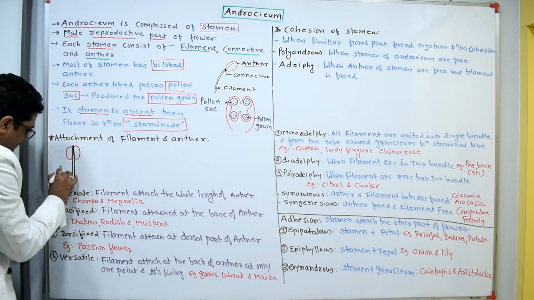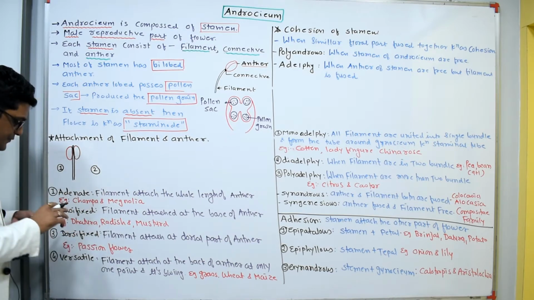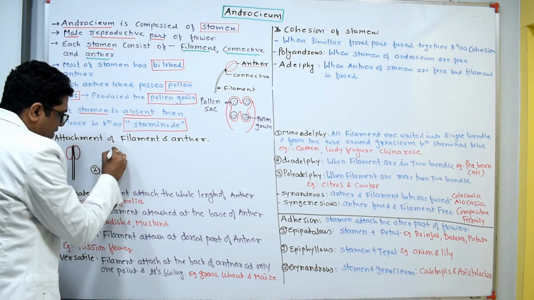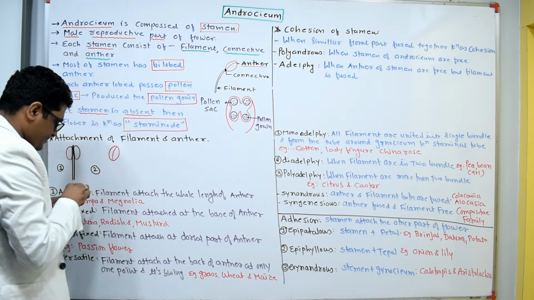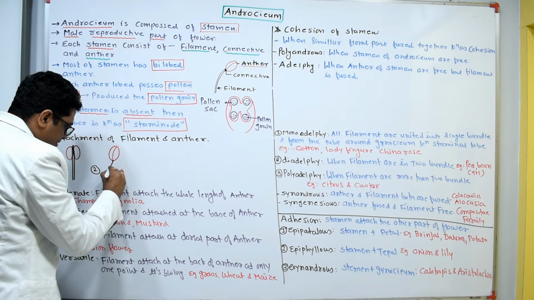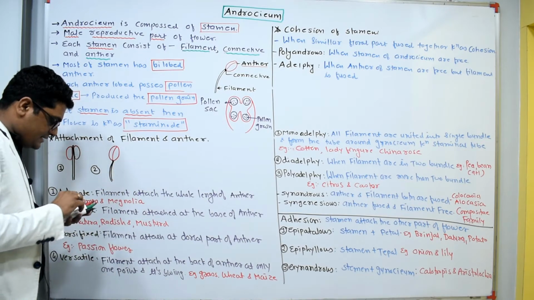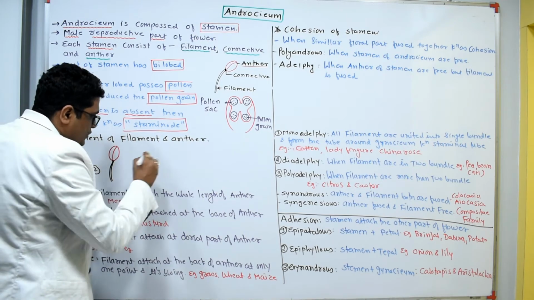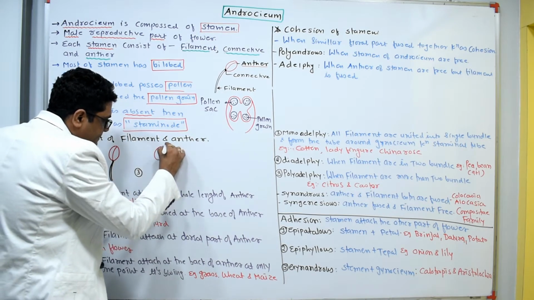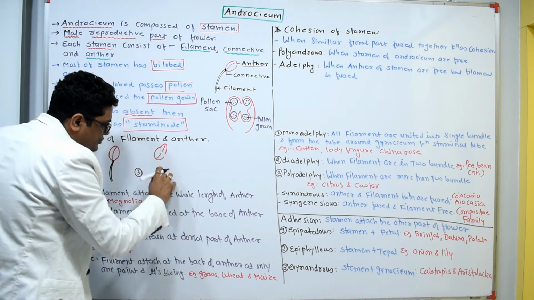In dorsifixed it is like this: the filament is attached to the dorsal side. And the fourth is versatile. In versatile, the filament is attached to the anther at only one point, and it swings.